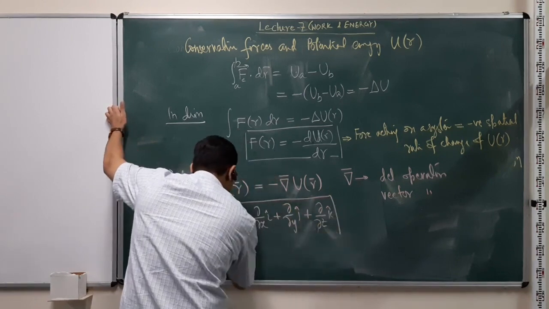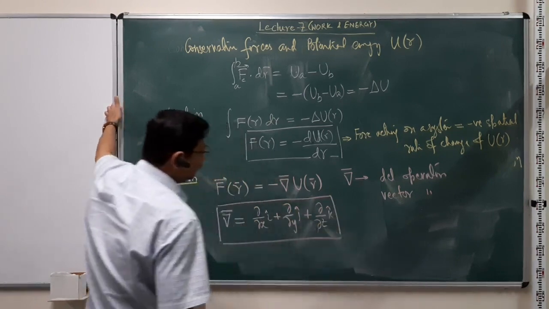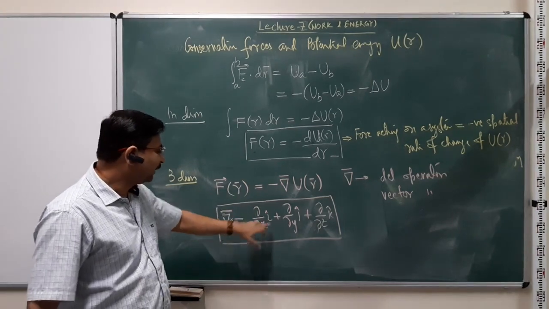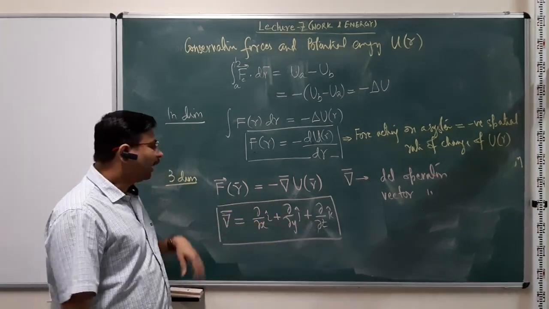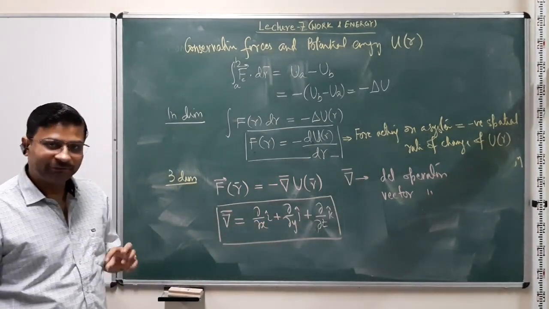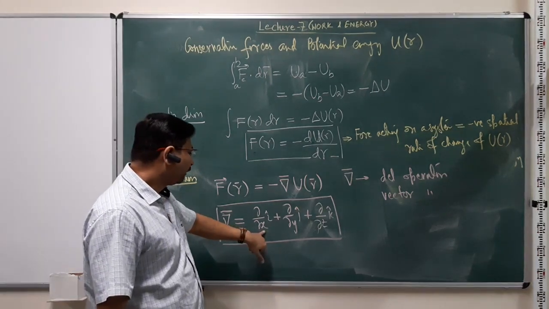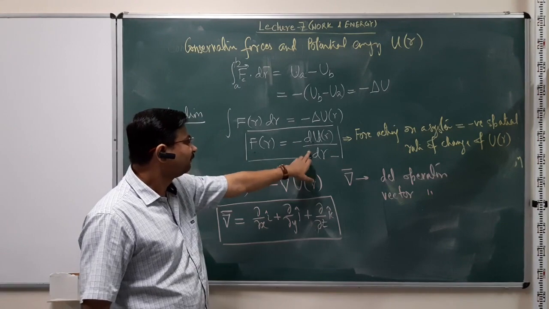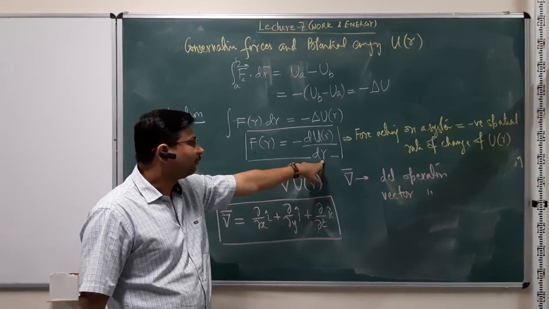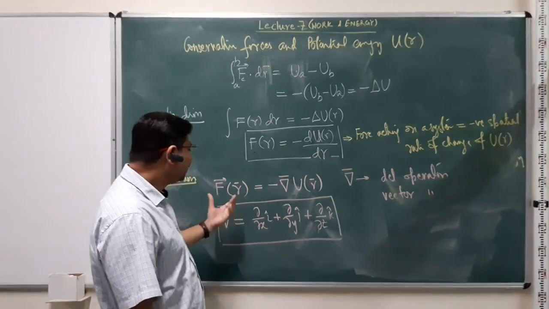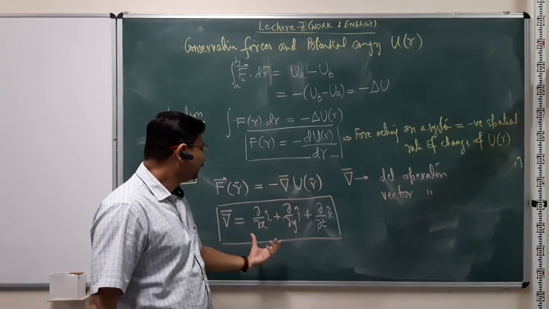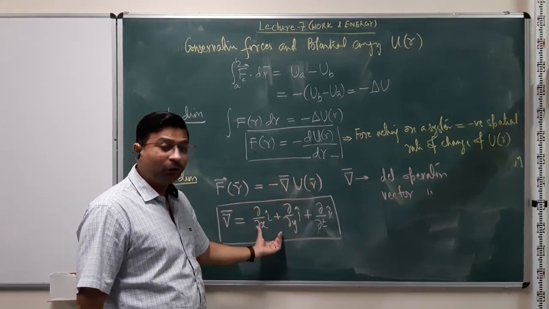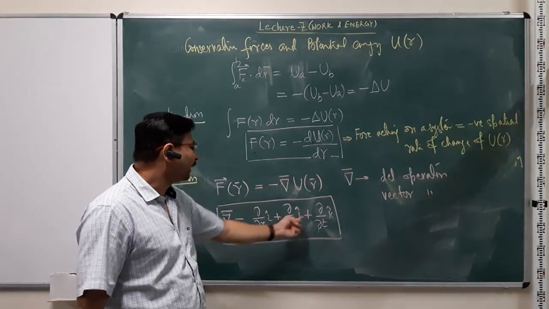So this is the definition of the del operator, right? And these del over del x, del over del y, del over del z are nothing but partial differentials along the x coordinate, y coordinate and z coordinate. So instead of a differentiation along the coordinate r, because this was the only coordinate, now in 3 dimensions this differential is replaced by a vector operator in 3 dimensions, i, j and k.